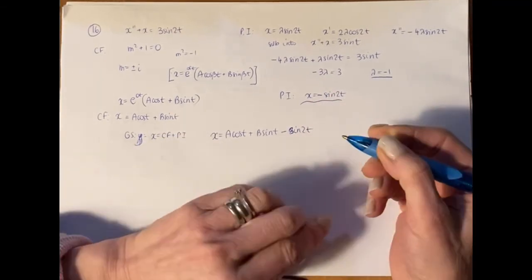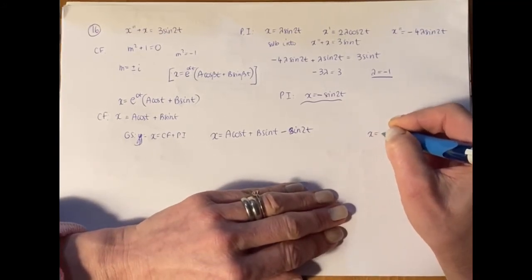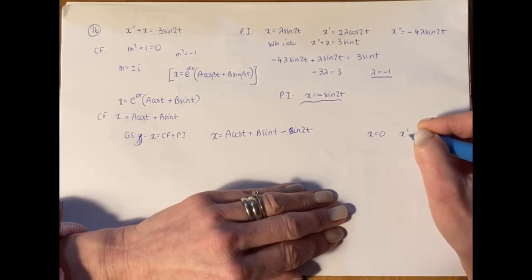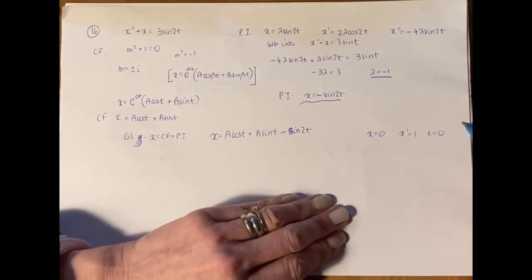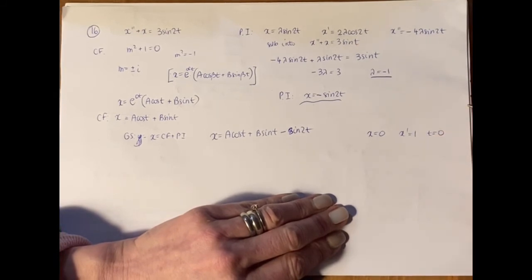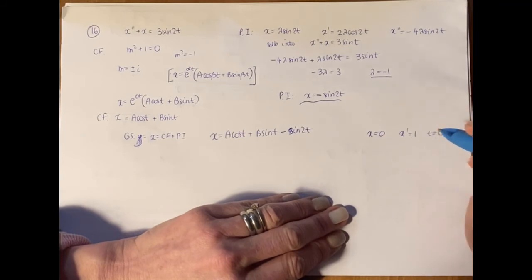Now they are giving us some boundary conditions. Let me just double check. x is equal to 0, x dash is equal to 1, when t is equal to 0. So we're going to fix our curve. This family of curves has an infinite number of curves, but we are going to make it pass through the origin, and the gradient at the origin is equal to 1.